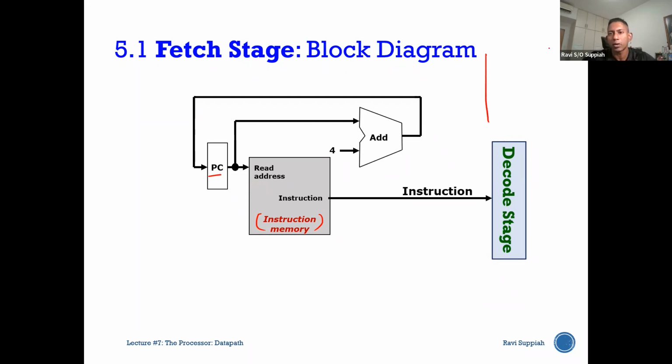Instruction memory is nothing more than a collection of all the instructions that we have. At any point of time, PC is pointing to one location, which is a word address. If I'm pointing to this location, then this is the instruction that is supposed to go out to the decode stage. So that is what you're seeing here: whatever address PC is pointing to, the instruction in that address will come out.